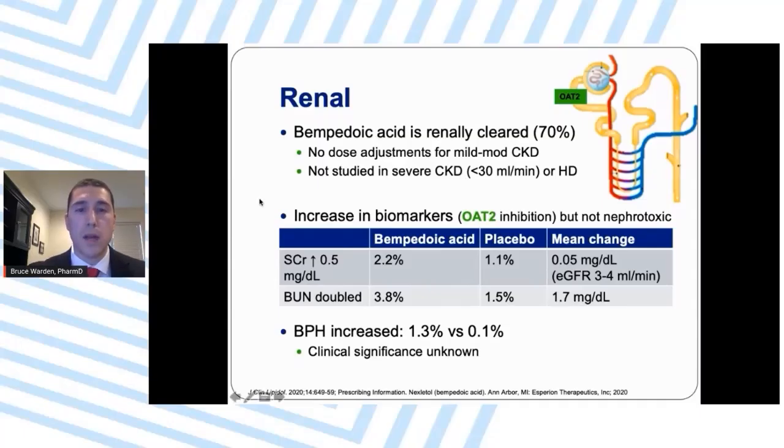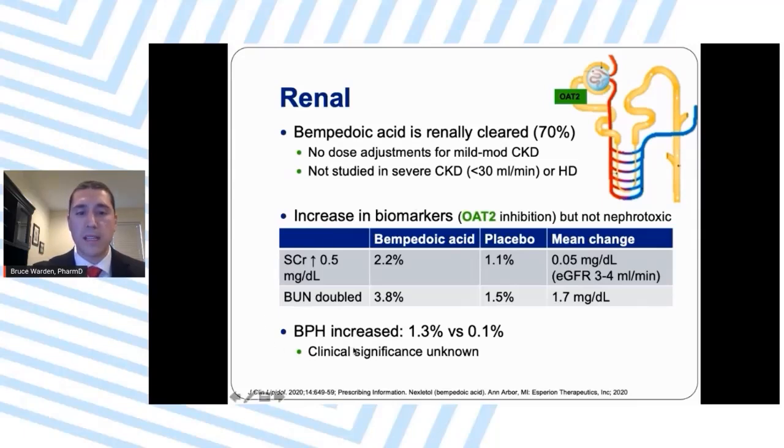And in terms of bempedoic acid's effect on the kidney, it's really a fairly benign medication. You will see, because of the OAT inhibition, some increase in serum creatinine and BUN, and a very slight decrease in eGFR. But know that this isn't compromising the kidney's ability to clear medications or proteins. It has not been shown to be nephrotoxic, but this again is something that we should keep an eye on.